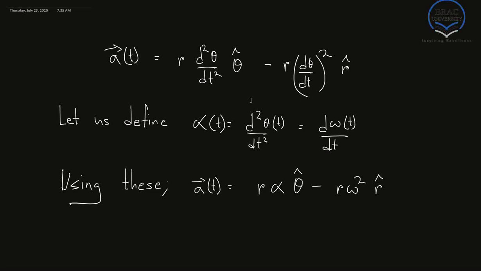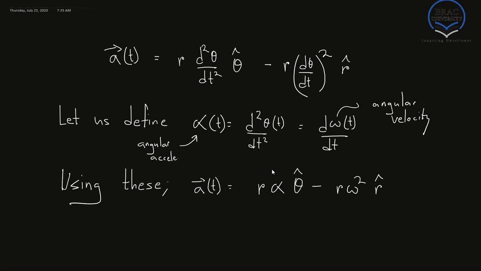To make some sense of this, let's define this quantity d square theta by dt square as alpha t. And because d theta by dt is omega t, this is the differentiation of omega, right? But what was omega? Omega was angular velocity, so it makes sense to call this quantity angular acceleration, okay?